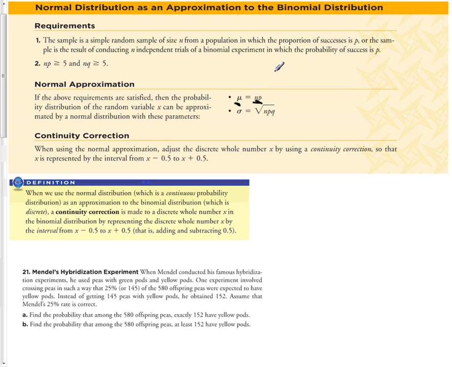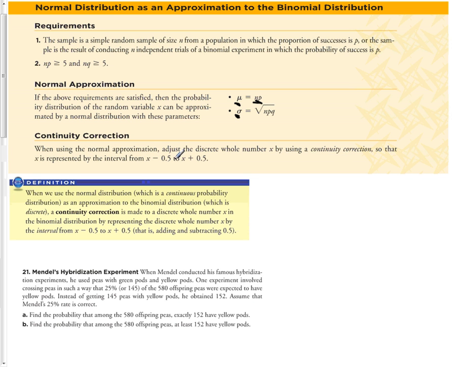The standard deviation that we're going to use for the normal distribution is the square root of n times p times q, the standard deviation of the binomial. So we're going to assume that the mean and the standard deviation of the normal distribution we're using to approximate the binomial are the same as those of the binomial.